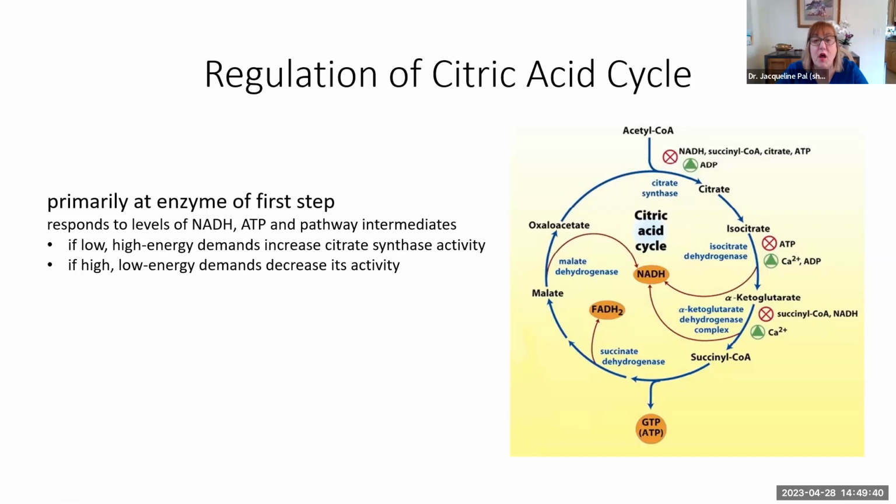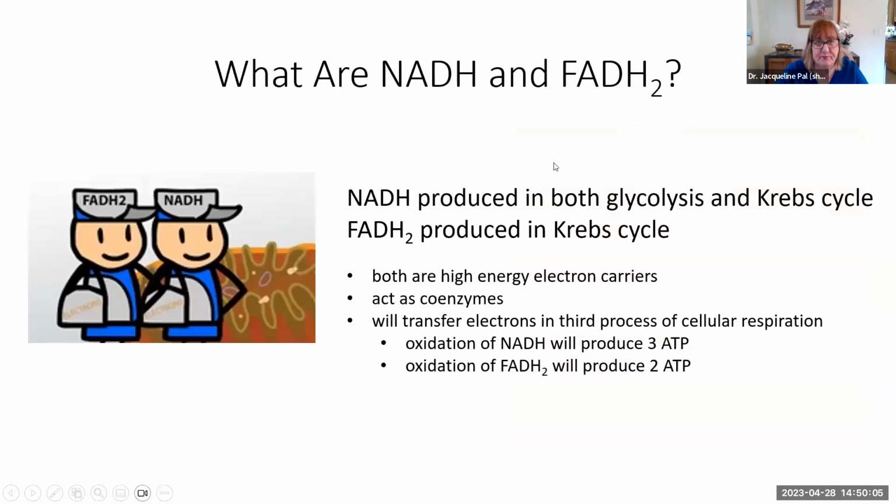However, if we have low levels of ATP and low levels of NADH and FADH₂, then we have lots of demand to make more energy. And so the enzyme that's synthesizing citrate from the 2-carbon acetyl-CoA and the 4-carbon ending product of the cycle increases its activity.